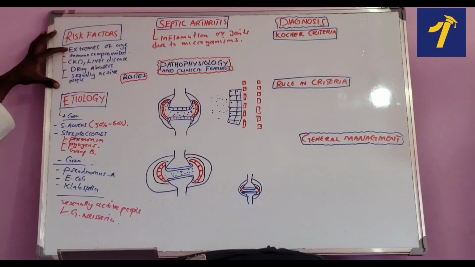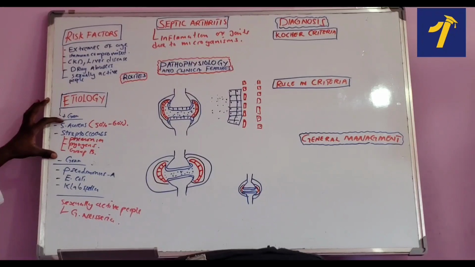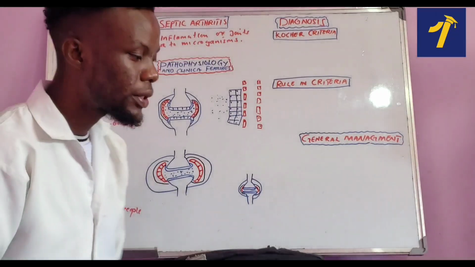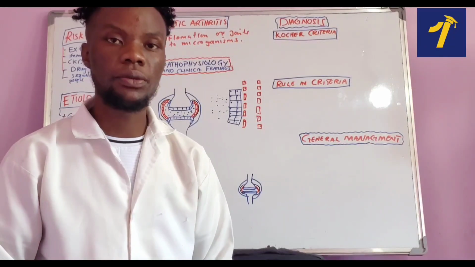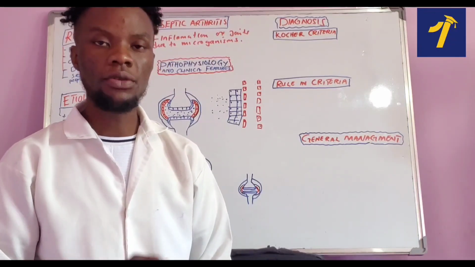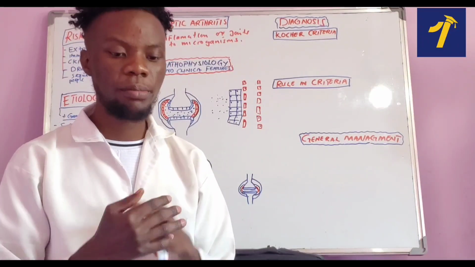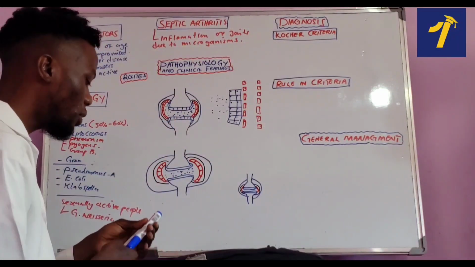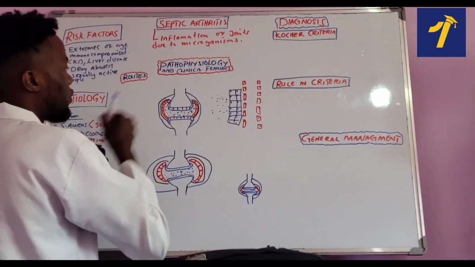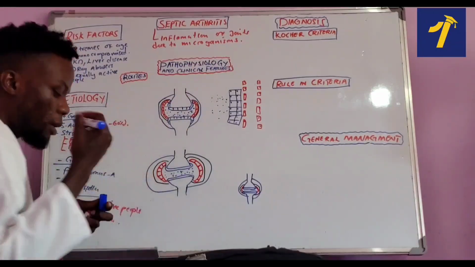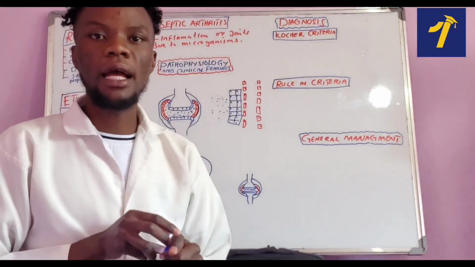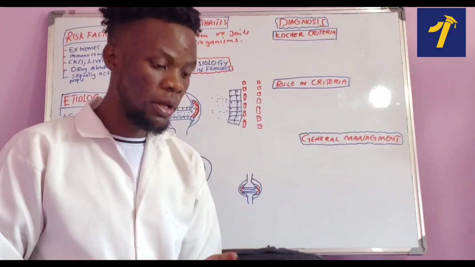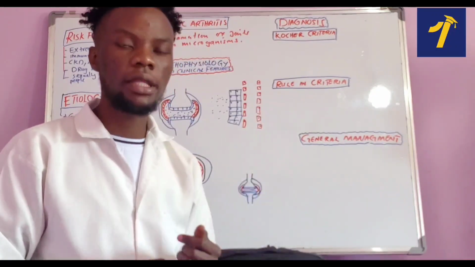Someone with these risk factors has an opportunity to develop septic arthritis. Now, the next thing that we need to talk about is the pathophysiology. Very important part. You need to pay attention, because if you know the pathophysiology, it will also tell you the clinical features of septic arthritis.